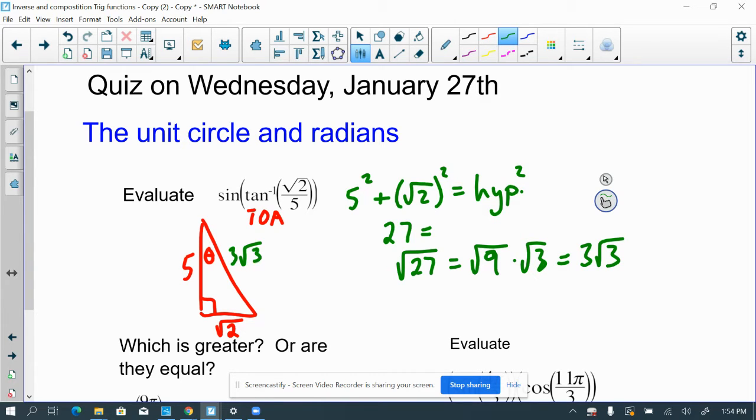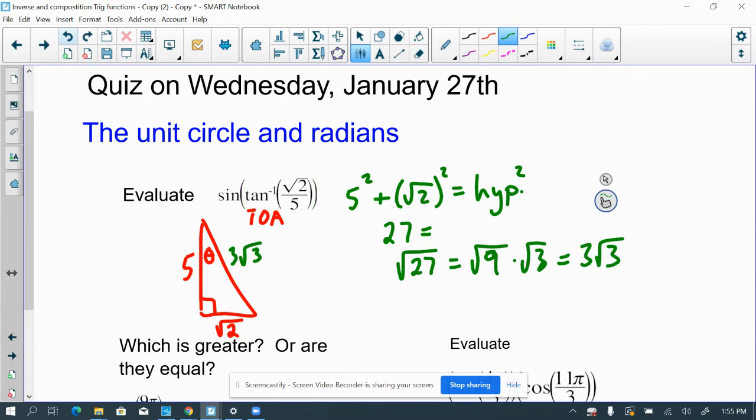Does that help me? I'm losing track of what I need to figure out. Well, I need to figure out the angle that has a tangent of that, or do I? Because after I find that angle, it's not asking for the angle, is it? This question ultimately is not asking for the angle. It's asking for the sine of whatever that angle is.